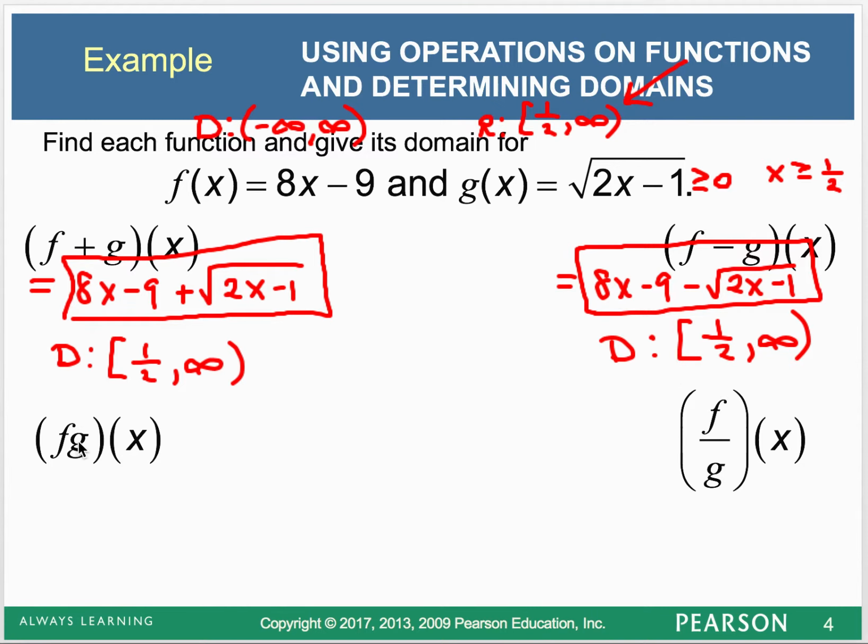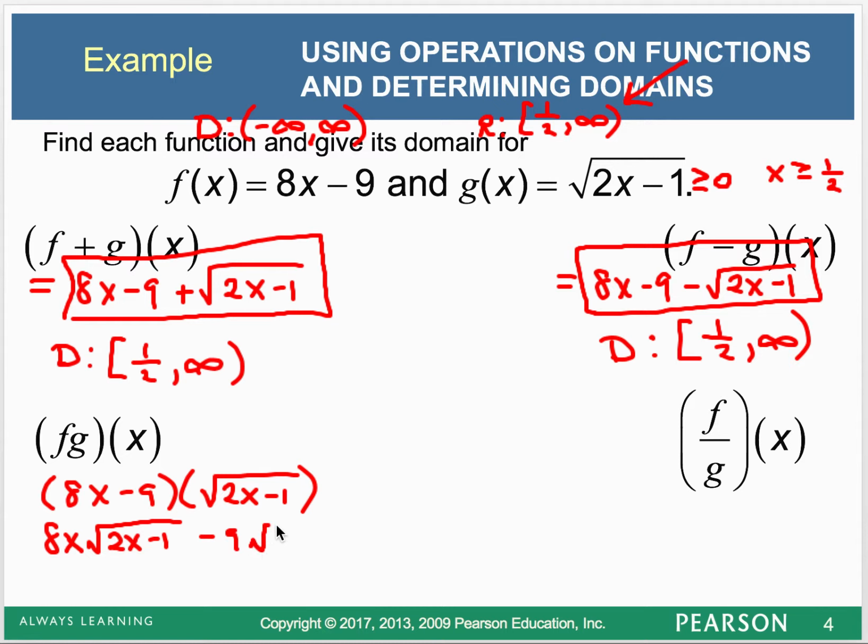Okay, here I just multiply the 2 functions, so I have 8x minus 9 times square root of 2x minus 1. Now ideally you could distribute this, and I'm going to do it just for us, but your homework on these combined functions and composite functions when we get to the next one is pretty easy on letting us just leave these radicals in this format.